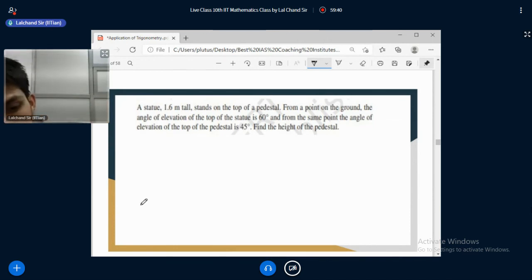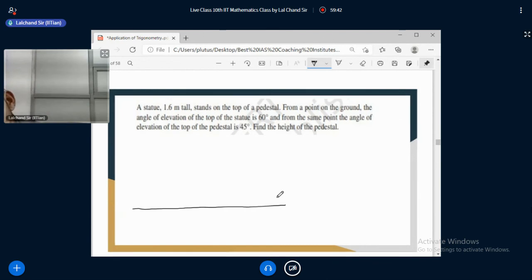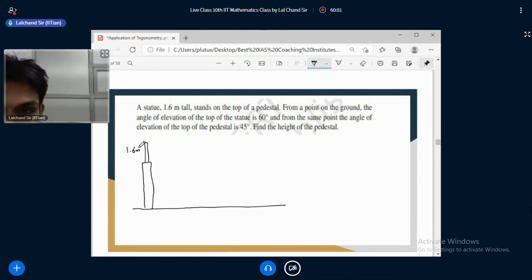Let's suppose this is the ground and this is the pedestal. Above this there is a statue. Let's suppose this is the statue, and the height of the statue is 1.6 meters tall.